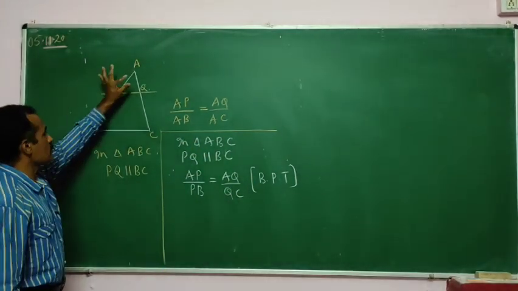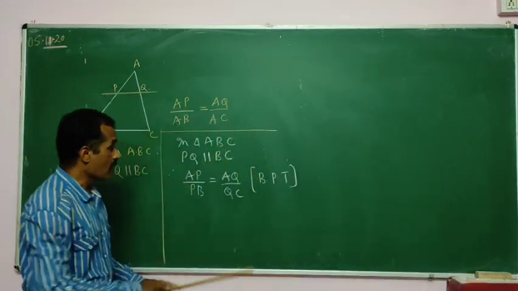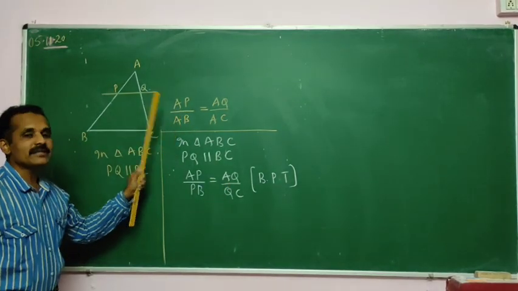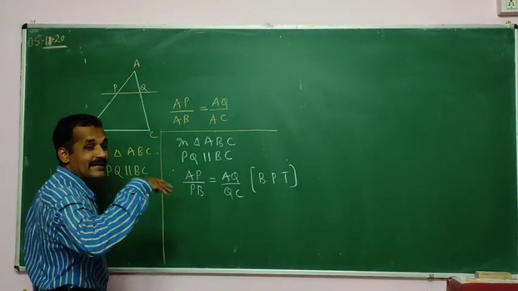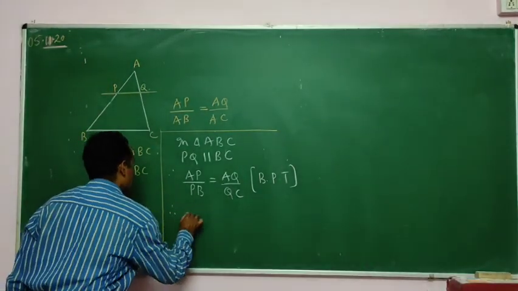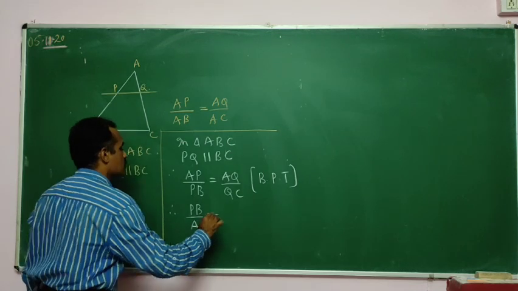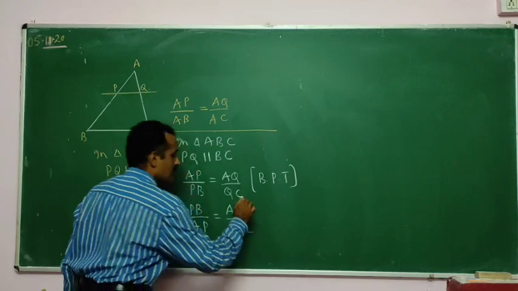Now see, from this result only, how will I obtain this? First I will take the reciprocal. Therefore, I will write PB divided by AP is equal to QC divided by AQ.